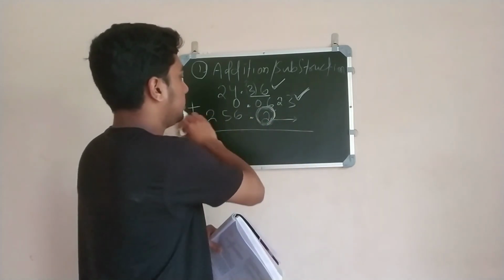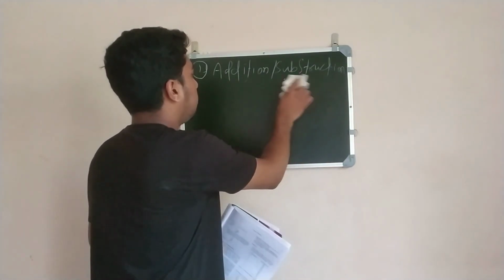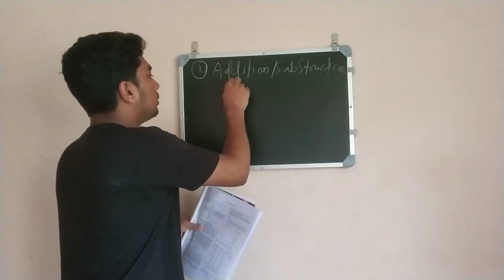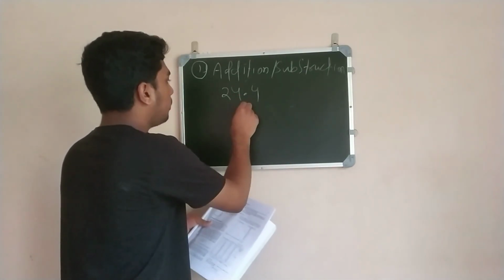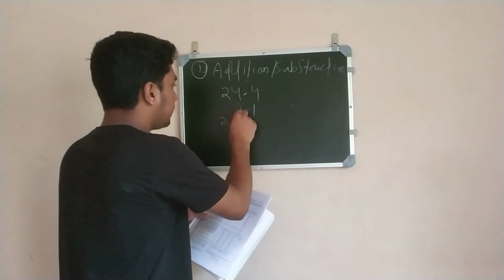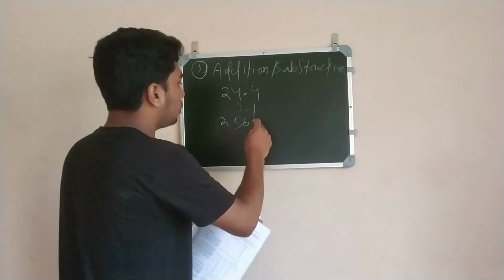So if I round up these numbers, I will get 24.4, then 0.1, then 256.2.